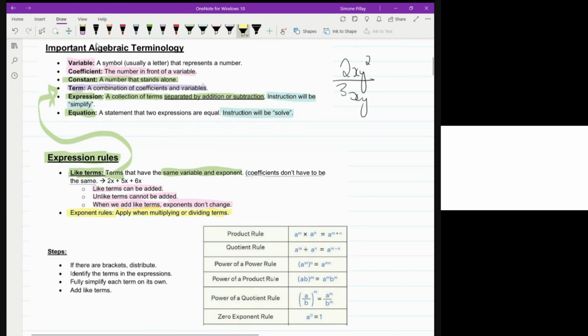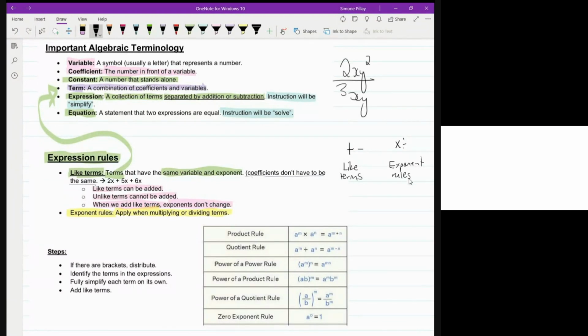So that's super important. In an expression, if you're adding or subtracting stuff, you are applying your like terms rules. If you're multiplying and dividing, you are applying your exponent rules.